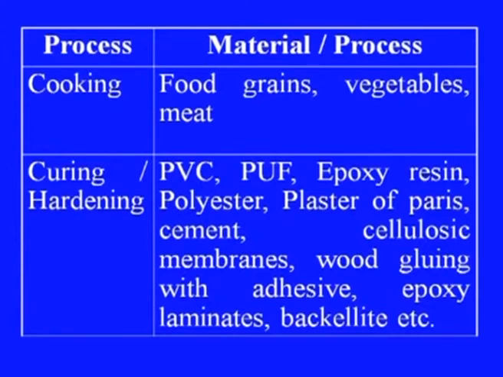These polymeric materials include polyvinyl chloride or PVC in short, polyurethane foam like puff what we call, then epoxy resin, polyester, plaster of Paris, cement, cellulosic membranes, wood gluing with adhesive, then epoxy laminates, bakelite and so on.